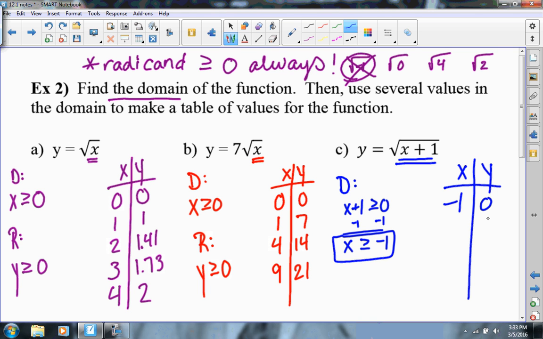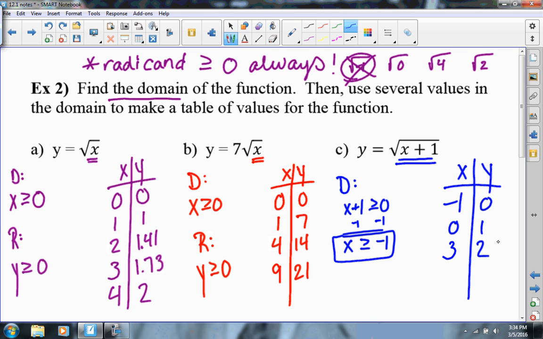If I wanted my next perfect square to be 1, I would have to pick 0 to substitute in for x, because 0 plus 1 is 1, and the square root of 1 is 1. My next perfect square would be 4, so I would need a 3, because 3 plus 1 is 4, and the square root of 4 is 2.